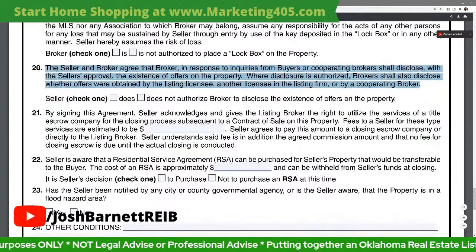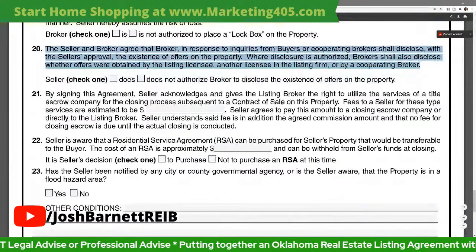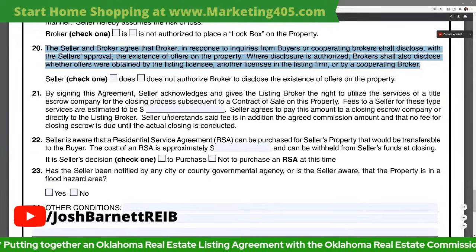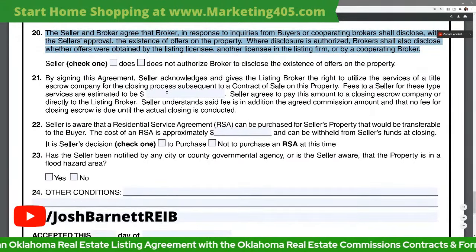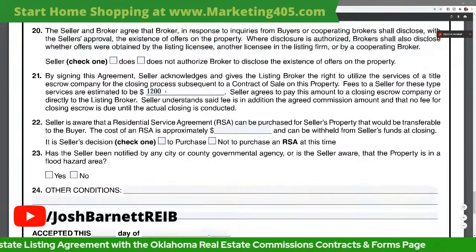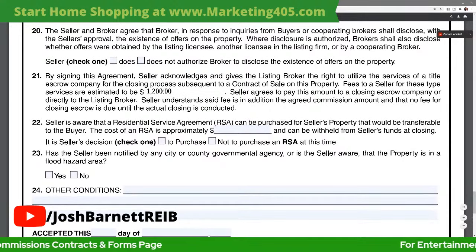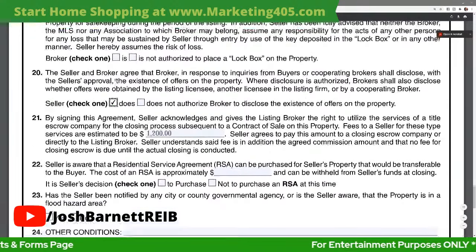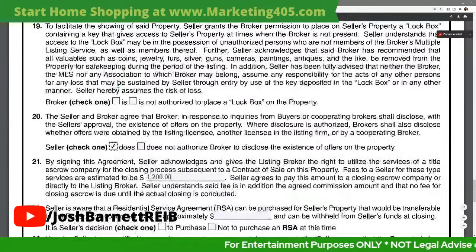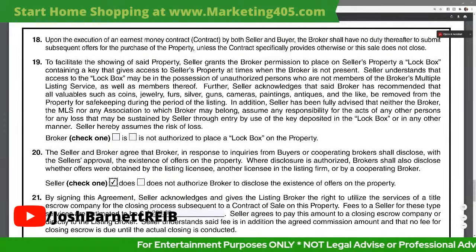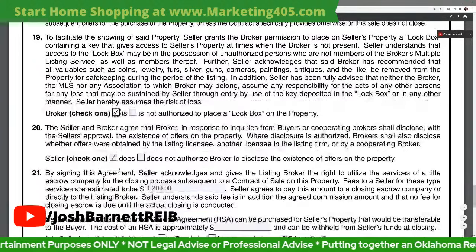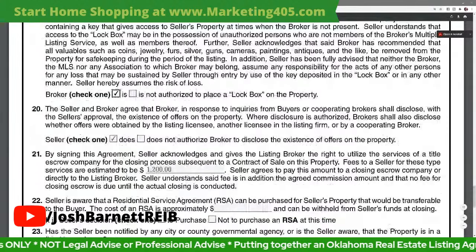Clause 21 talks about the typical fees associated with the title company. You put $1,200 right there, typically, and $2,100 right there. Number 19 is the lockbox, and number 20 talks about authorizing disclosure of other offers on the property.